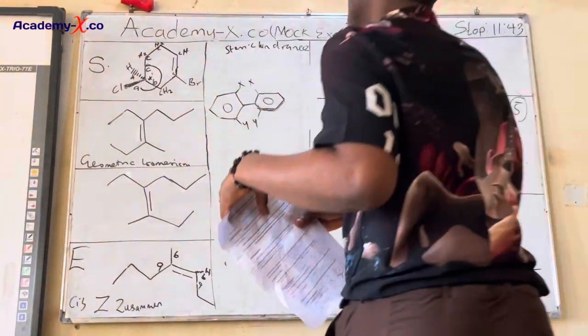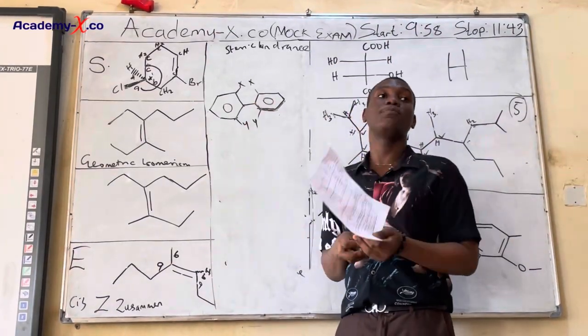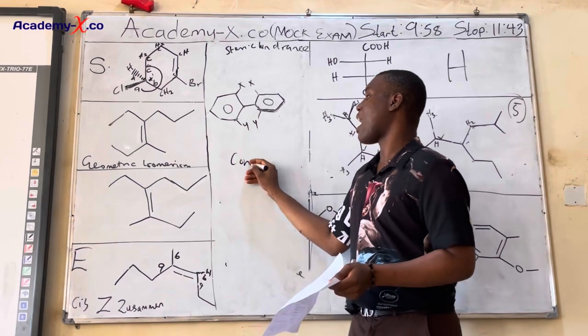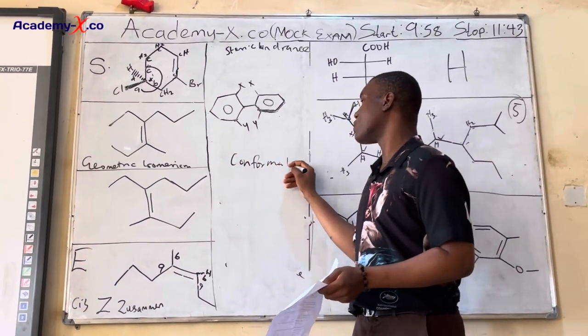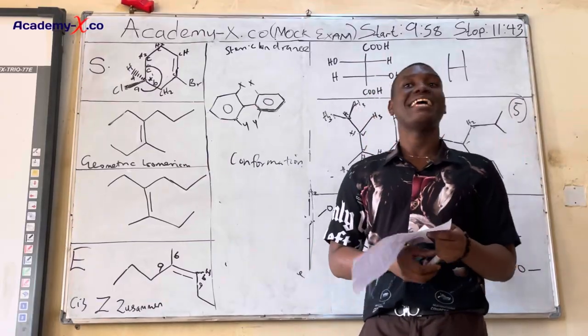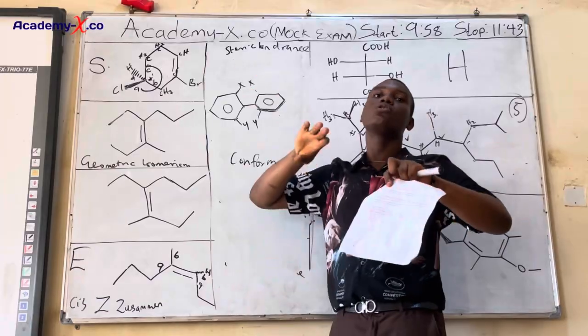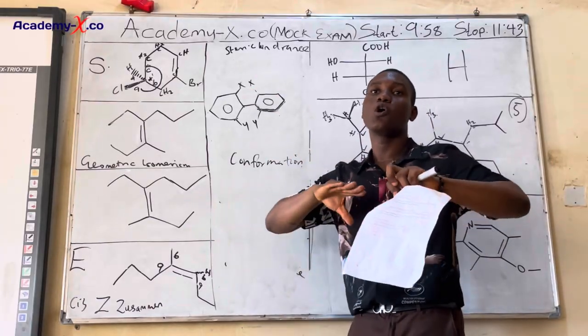What does steric hindrance do? Steric hindrance ensures that if this thing was turning freely, it would become a conformation. And conformation is not what? Configuration. It becomes conformation, and you cannot separate any enantiomer. But because of this bulky substituent, it will be very, very difficult to rotate.